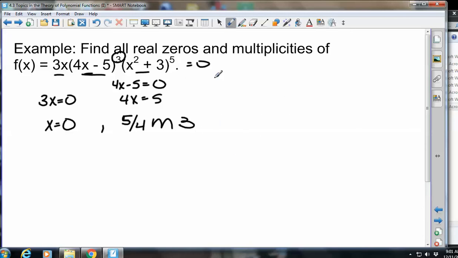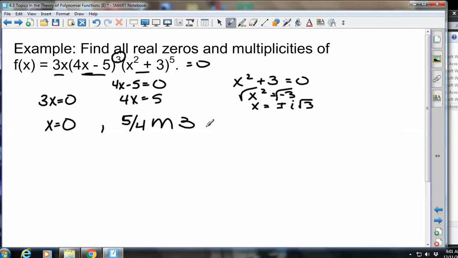Okay. X squared plus 3. If I set that equal to 0, subtract my 3. How do you get rid of a square? With it we do plus and minus. Square root of negative 3. Now, that had a 5 on the outside.